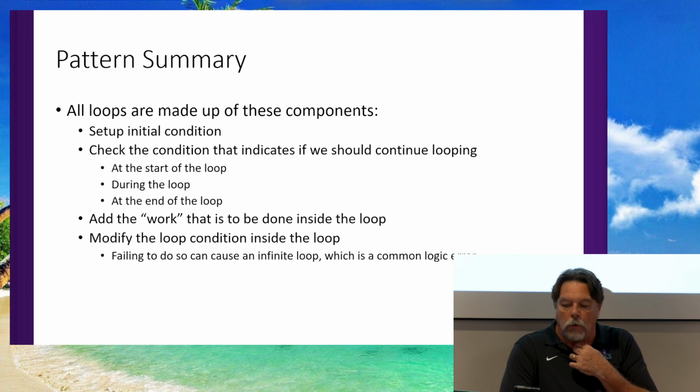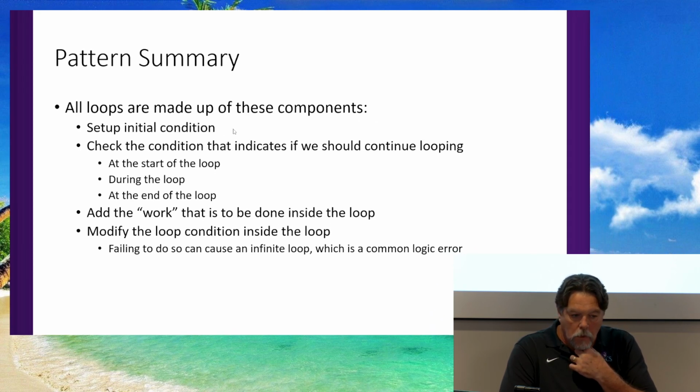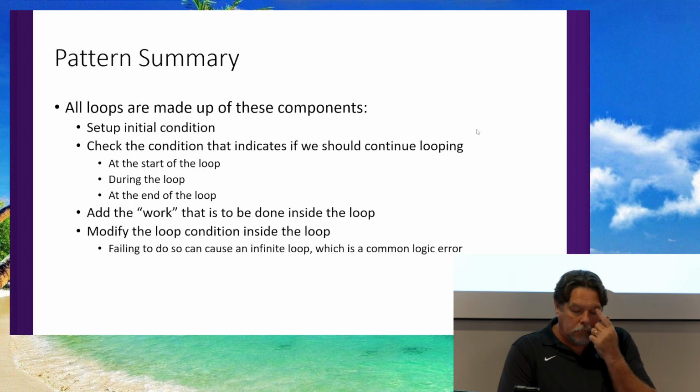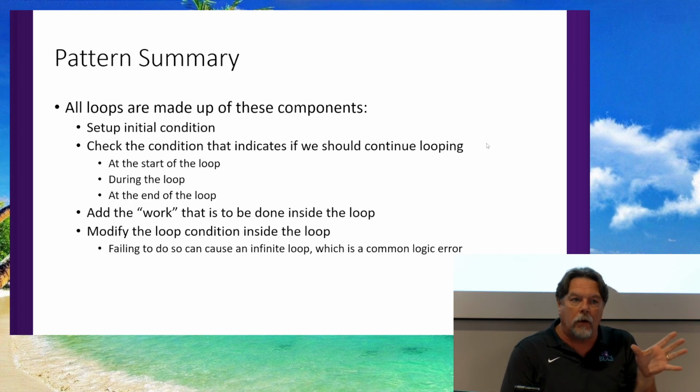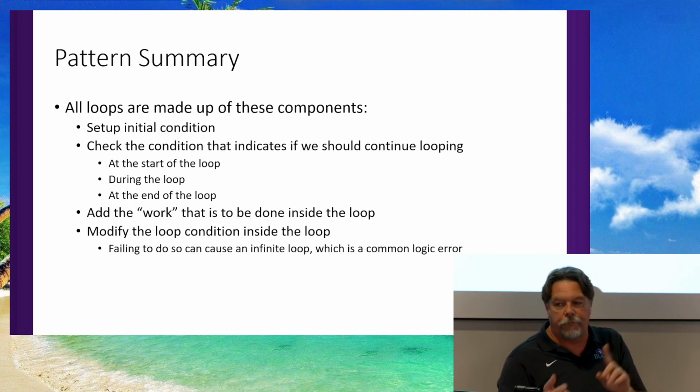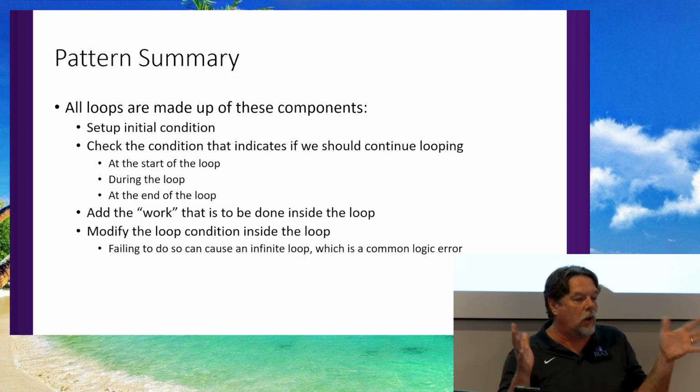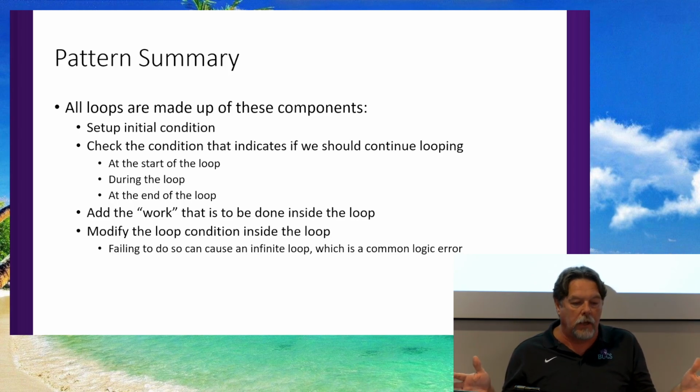Okay, so this is, again, probably repetitive from COP 1000, but no matter what pattern we're talking about, whether it's a for loop or a do while, no matter which one we're talking about, they all still have these components, any loop.